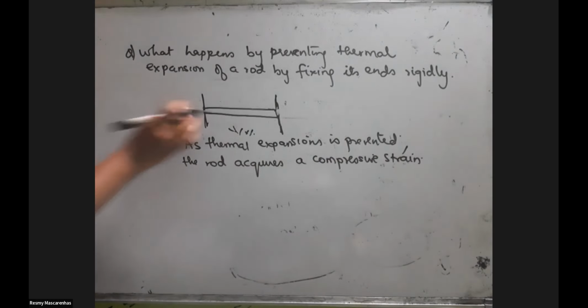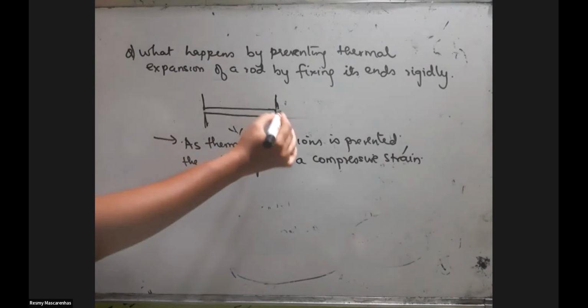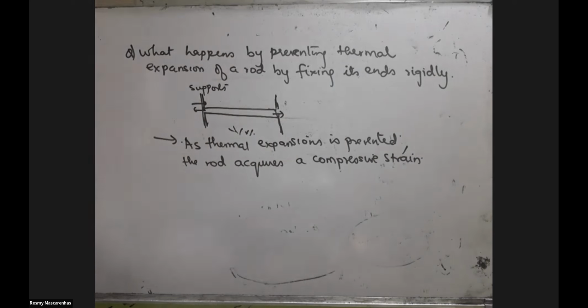Why? Because this rod wants to expand, but these are your supports, and the supports are trying to stop it from expanding. So there's an external force exerted on the rod, pushing it back.